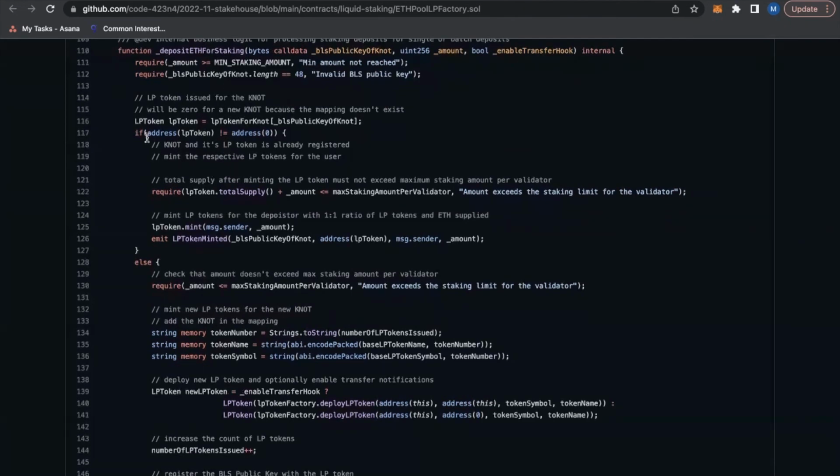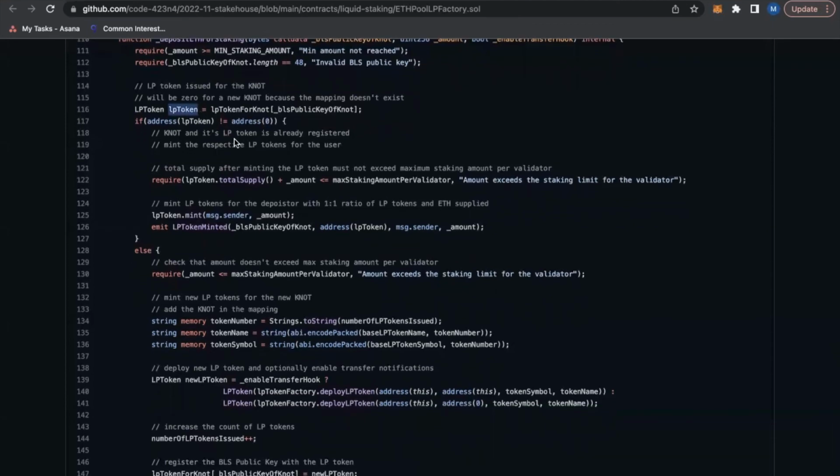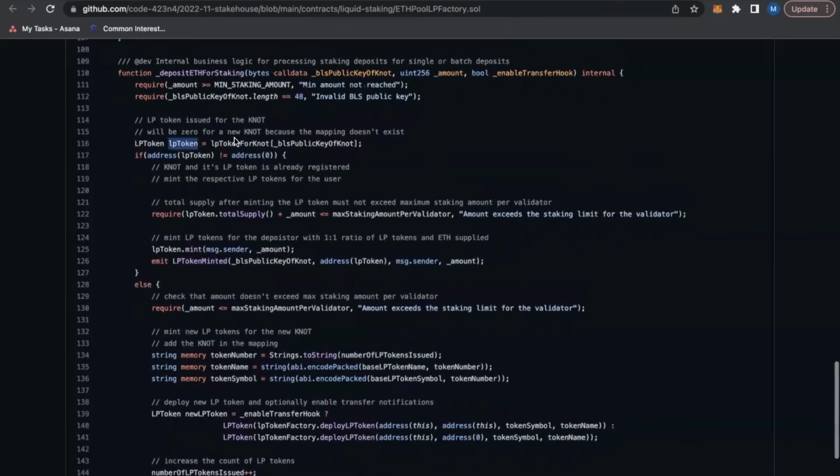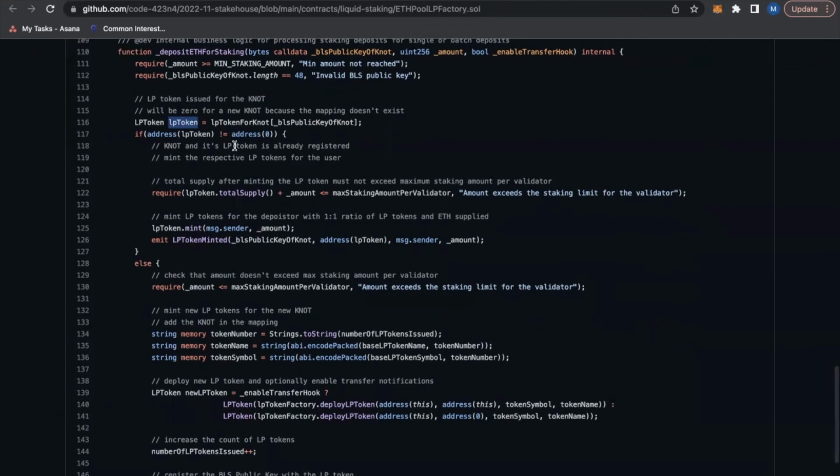It fetches the LP token and checks whether it's not address 0. Deposit ETH for staking means when you deposit your ETH, you should get back LP token. This scenario can be either you are depositing ETH for a new BLS public key or for an existing BLS public key. If you are doing it for an existing BLS public key, then this condition will follow, where it will say that yes, it already exists.